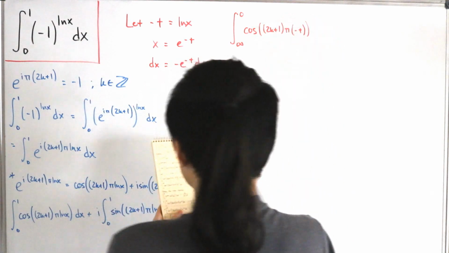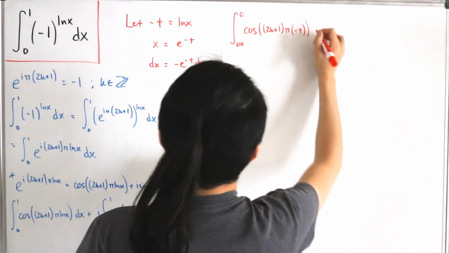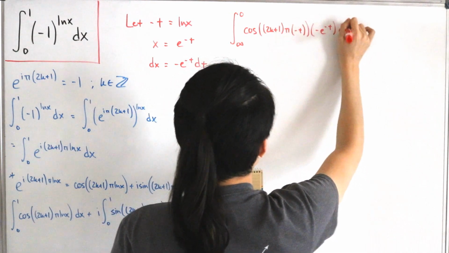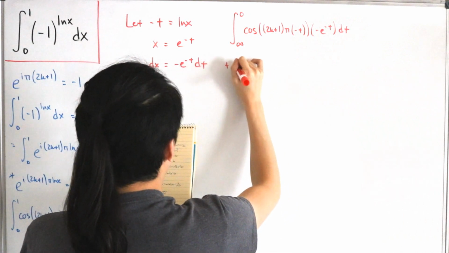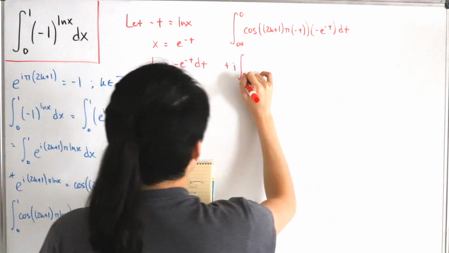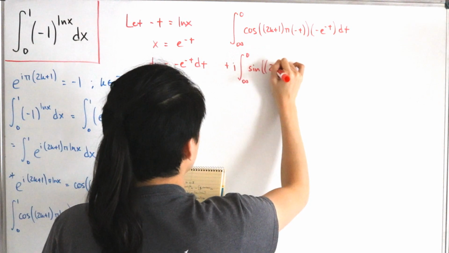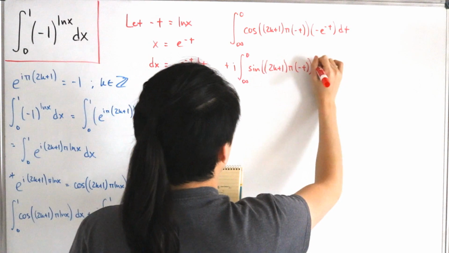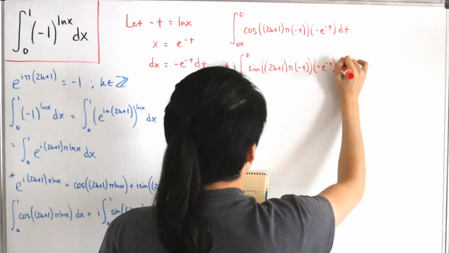Then we multiply this with our new differential for dx, converted into terms of t, so negative e to the negative t, then dt. Next we do the same thing, so plus i, with the same bounds again, infinity and 0, then sine of (2k plus 1) times pi, plug in negative t, and multiply with the dx differential, so negative e to the negative t, then dt.